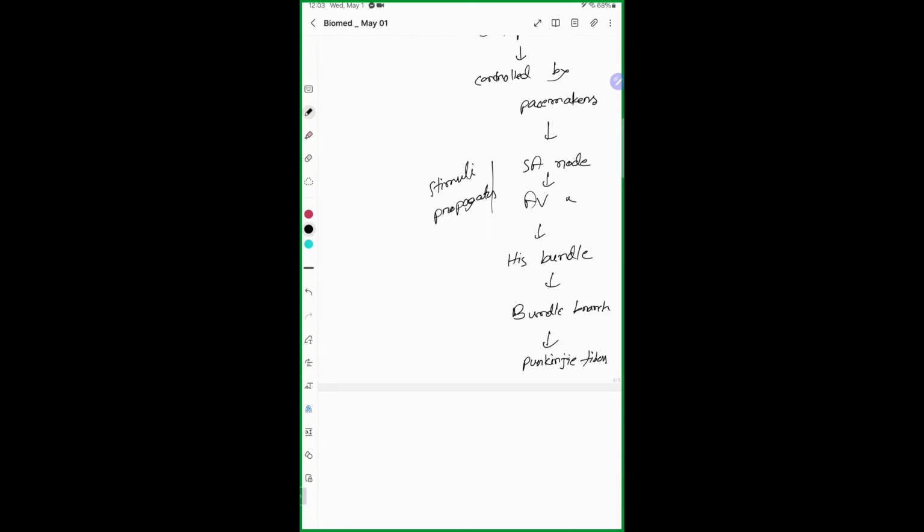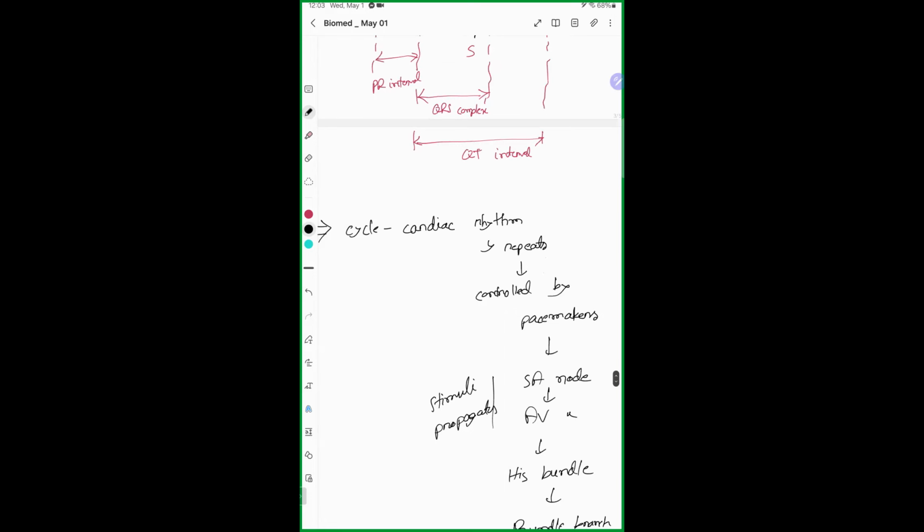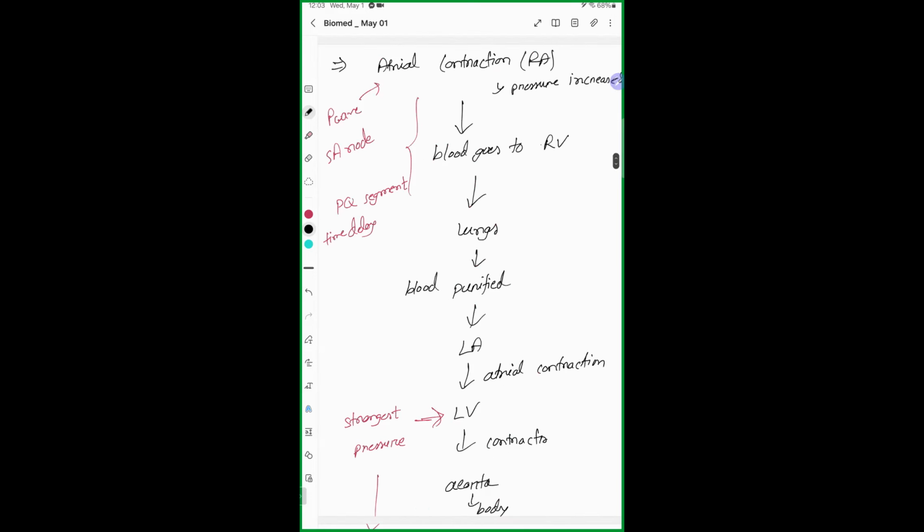When the cycle starts, it starts with a stimulus in the SA node, and that stimulus passes, and as it passes, all these things happen. It starts with what is called depolarization.